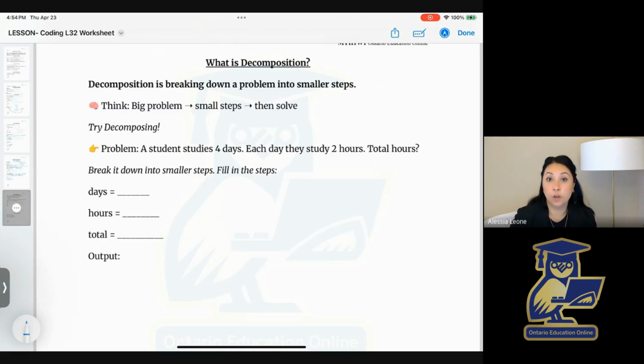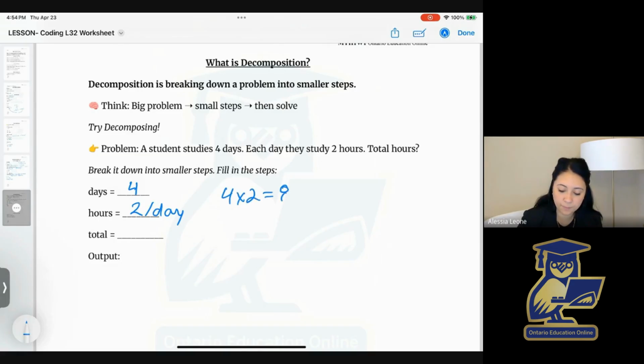So for code, underneath you want all separate lines and you're going to break it down. So how many days? We have 4 days. How many hours? 2 hours per day. And the total number of hours. So we're going to go 4 times 2 is 8.